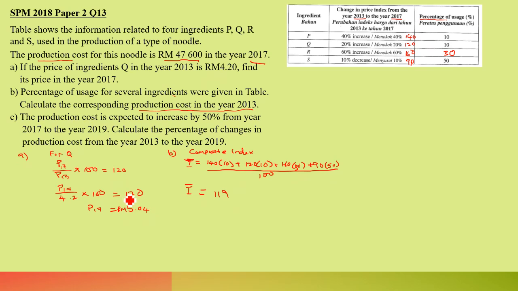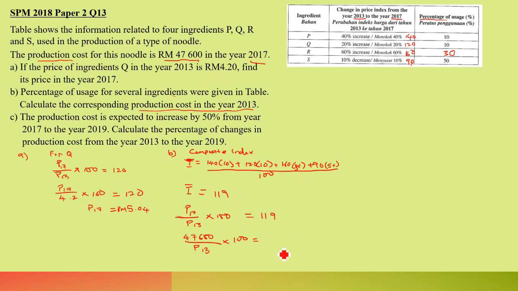So 2017 over 2013 times 100. This is for production cost, will give you 119. So for 2017 is given 47,600. Because here involves more than one item, that's why you need to find the composite index, the combined index.